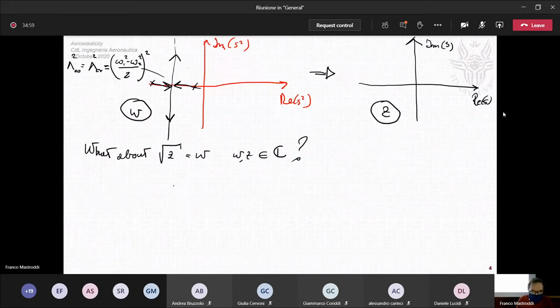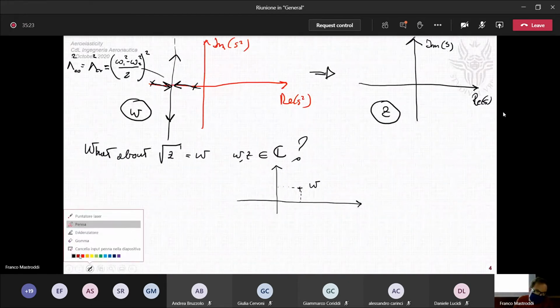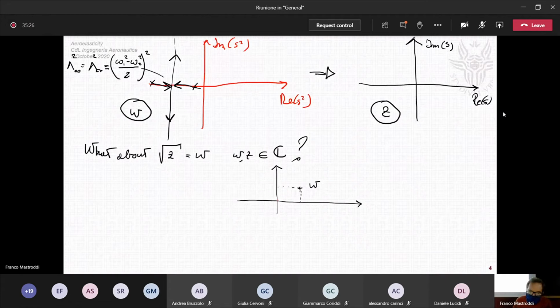When you have w, the rule is the following. In the complex plane, if this is w with the real part and imaginary part, or better, if this is the amplitude of this number, rho, and this is the phase of this number, we have to consider the Euler formula.